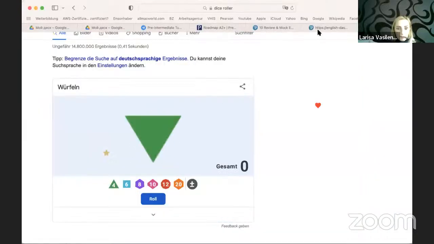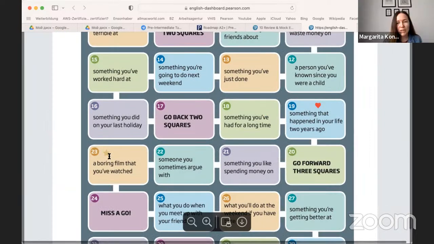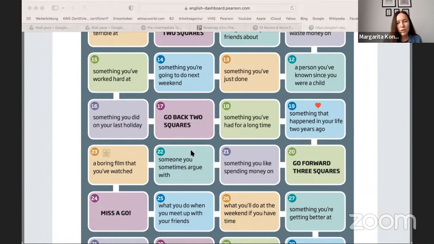I throw the dice for me, and it is 4. So I am here. 1, 2, 3, 4. Something you are getting better at. So I think I am getting better at my German.